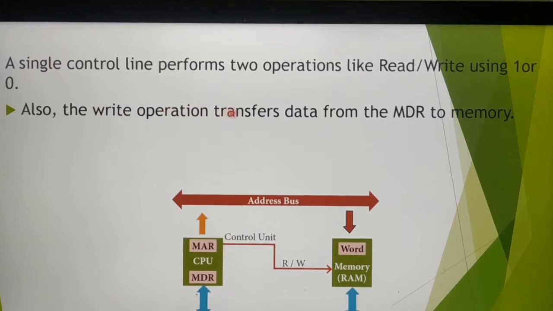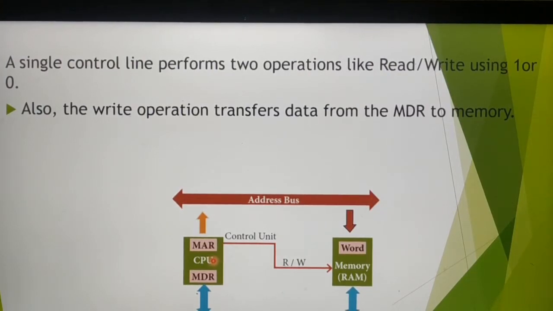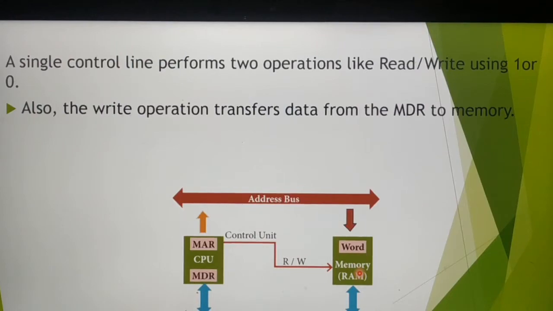The write operation transfers the data from the memory data register to memory. If you are going to write the information, we write it from processor to memory. You can read the information from memory to processor. If you are going to read the information, you pass the address to the memory. Next, after the fetch, the information is transferred to the processor using the data bus.